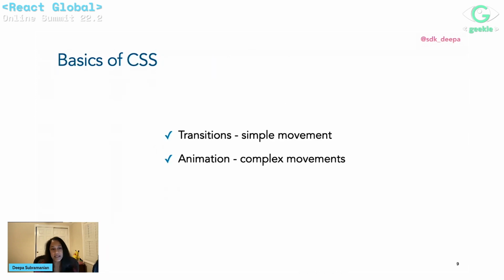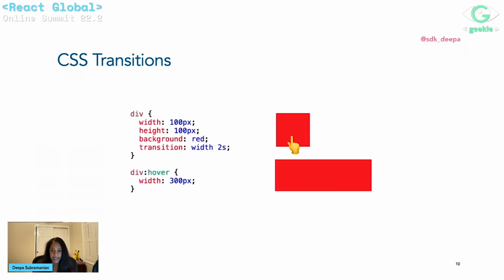So now let's look into the basics of CSS. Transitions are nothing but simple movement, and animations are used for complex movements. For example, here is a div which contains a square with a width and height of 100 pixels, right? The background of this box is red.